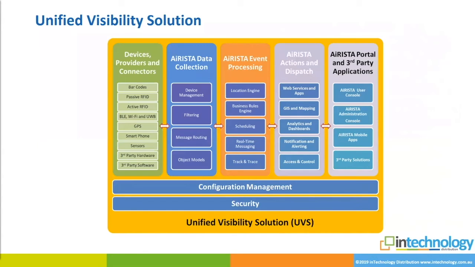However, with UVS, with the data collection event processing, it's very easy to make it a single point of communication for your location services and be able to leverage that in not just duress, but lots of other workflows. And so you can expand an existing duress system into asset tracking or temperature monitoring, hand hygiene compliance, and all those other elements where location can be quite useful to expanding the efficiencies of those operations.